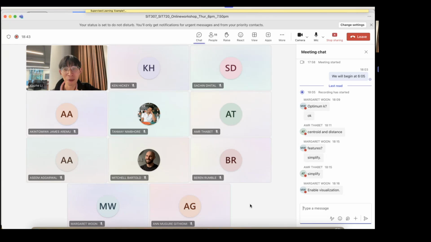I really like your words. It's very precise. For certain, it's not all machine learning algorithms. For certain machine learning algorithms, if you reduce dimension, it will be beneficial.